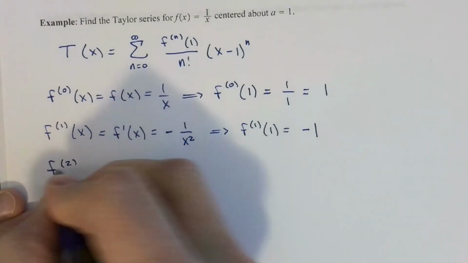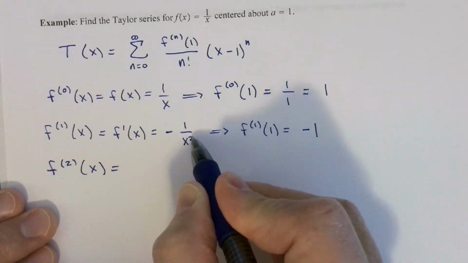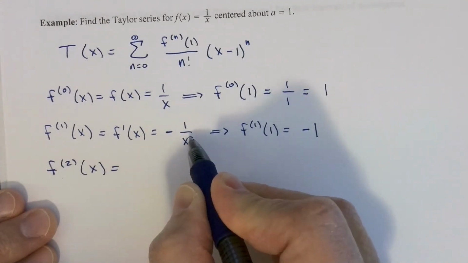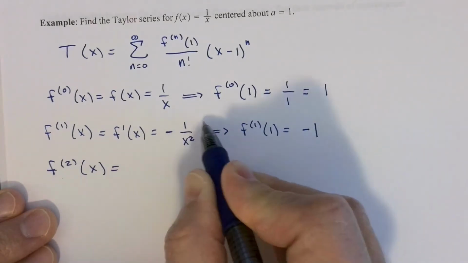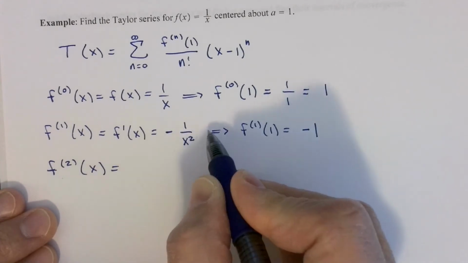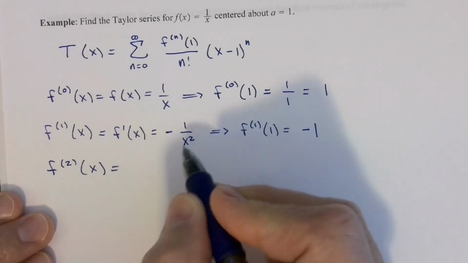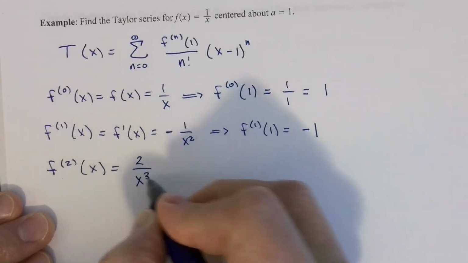Second derivative. So this is negative x to the -2. Bring the -2 down, what happens? -2 times that -1 gives +2, x to what? -3. Subtract 1 from -2, I get +2 x to the -3, or 2 divided by x cubed.